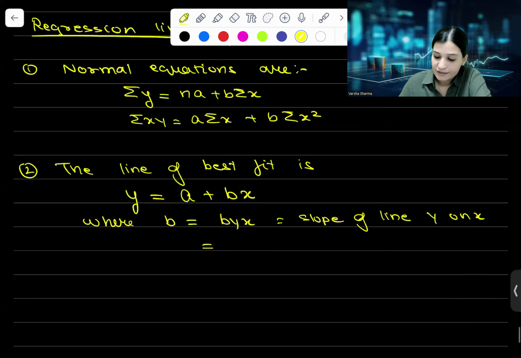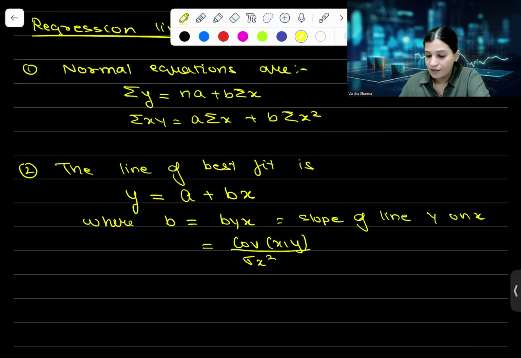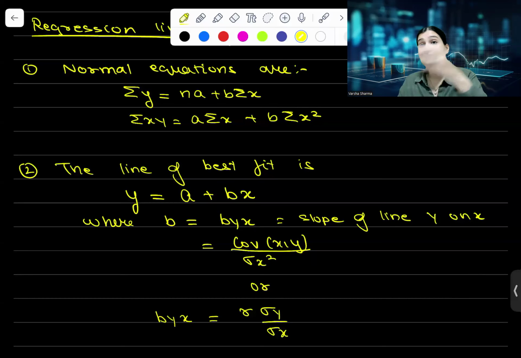The formula is covariance by standard deviation of x squared, that means variance of x, or r standard deviation of y by standard deviation of x. Depending upon what is given to you, you find accordingly. If they give you r, you'll use the second formula. If they've given you only the data, you use the covariance formula.